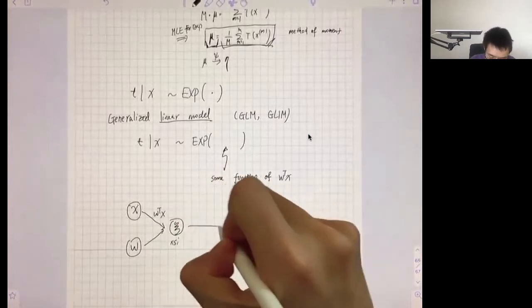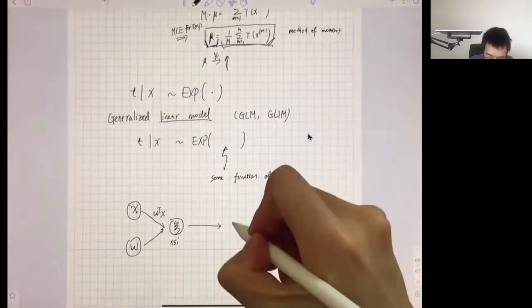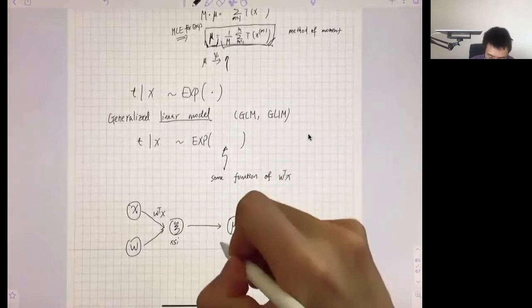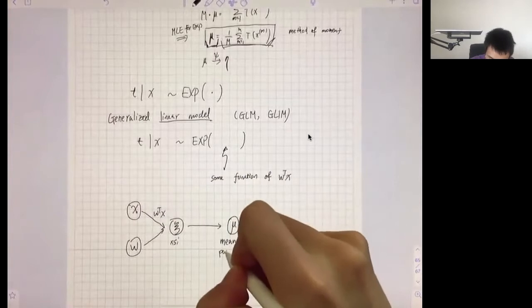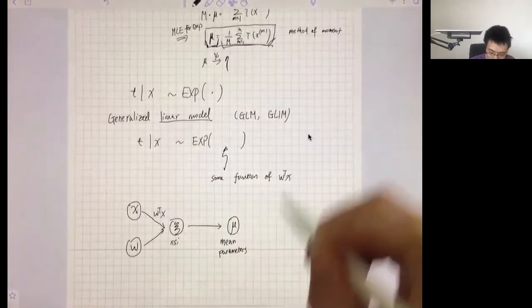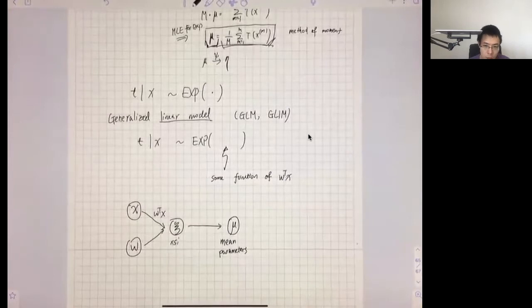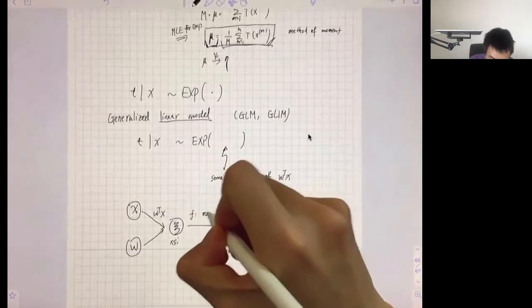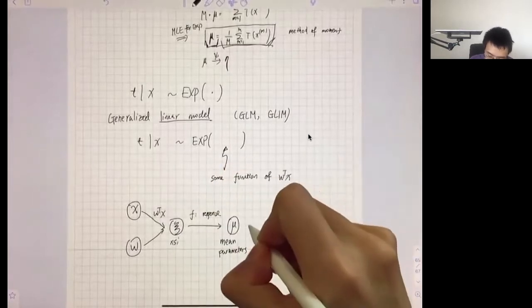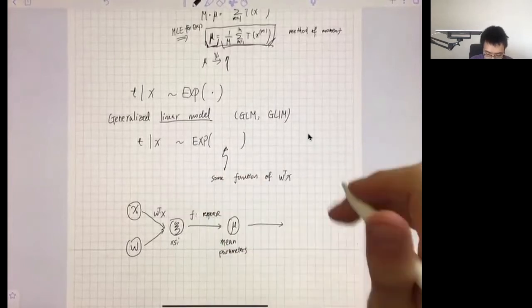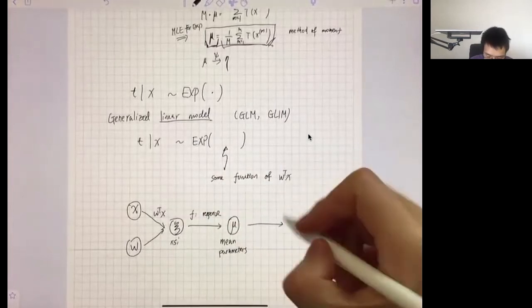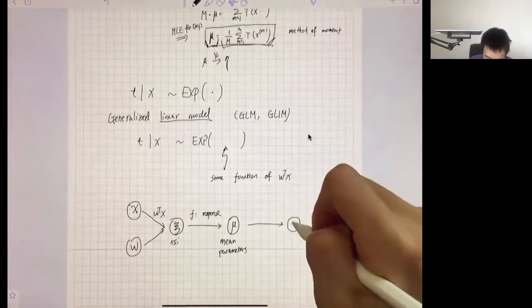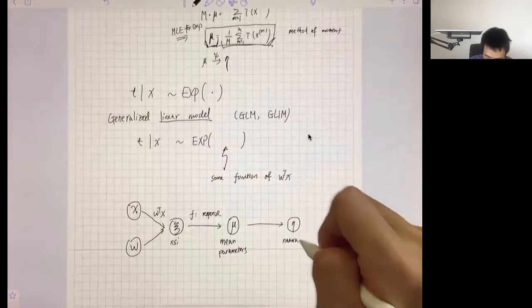Then based on the Xi, I would transform it to my mean parameter, okay, mu, which is my mean parameter. That is the mean of your sufficient statistics. And oftentimes here, the sufficient statistics is just T. So I call this function F, response function. And based on mu, I mentioned that there's some correspondence between the mean parameter and the natural parameter. So this is the natural parameter.